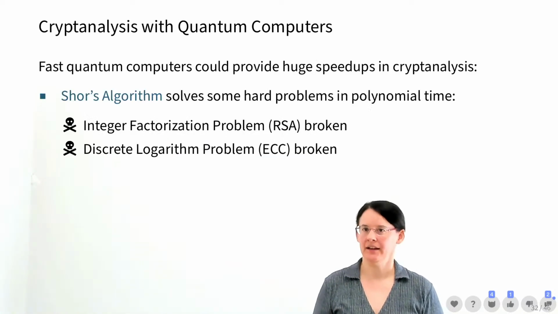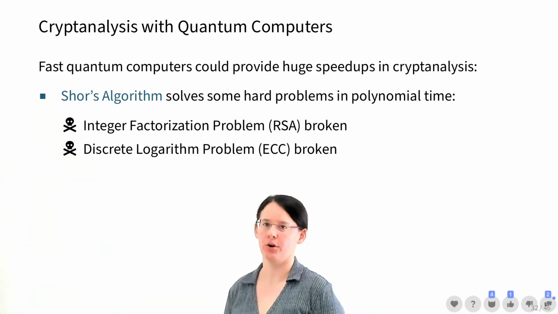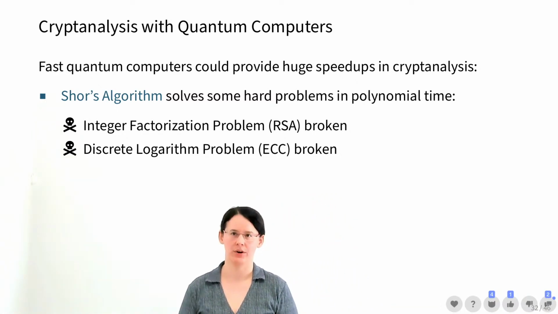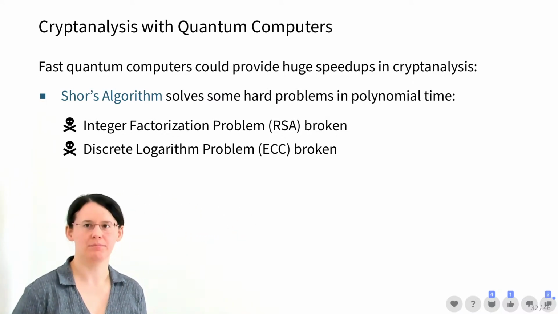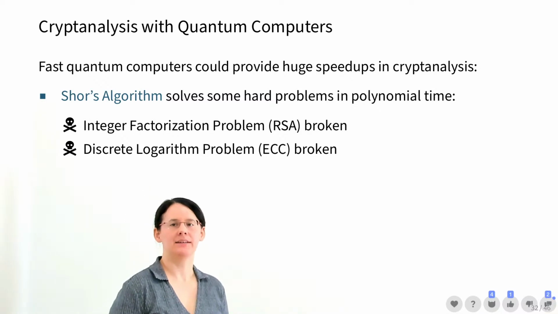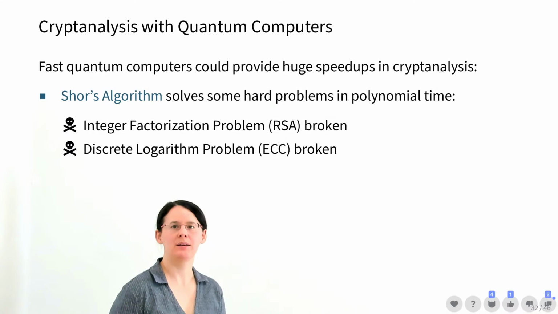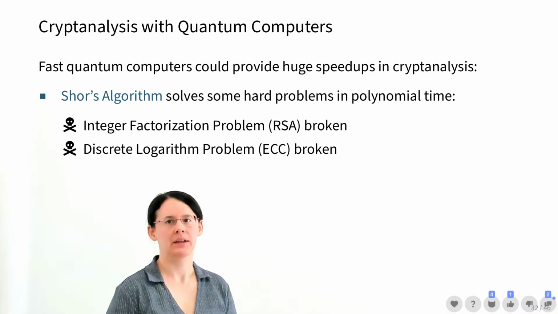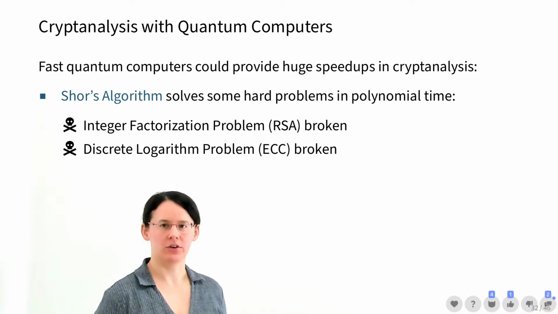Why is that? Well, that's because we have 2 main algorithms that are relevant for cryptography that we know for quantum computers. One of them is the very famous Shor algorithm by Peter Shor. And this algorithm actually manages to solve some hard problems in polynomial time. On a normal computer, this requires super-polynomial time, so a lot longer.